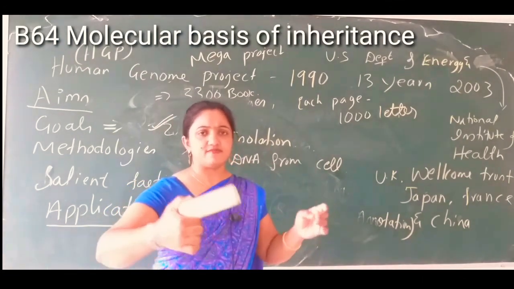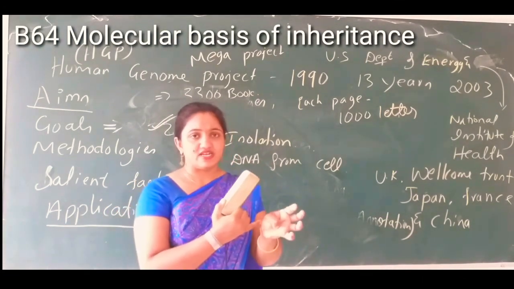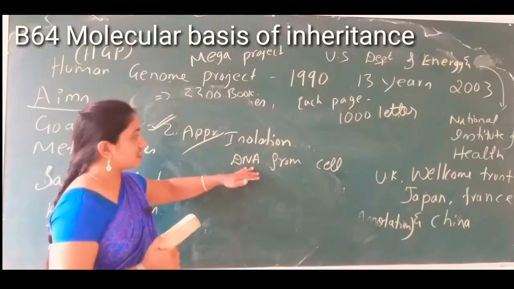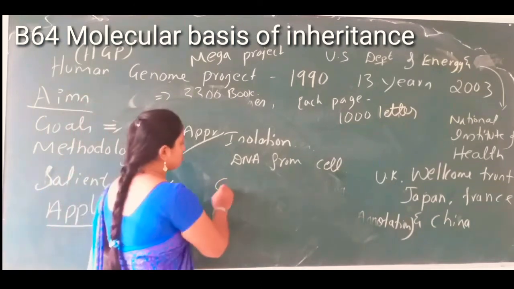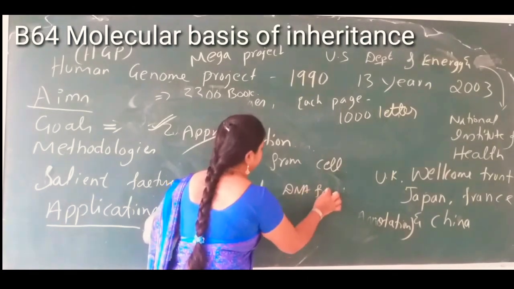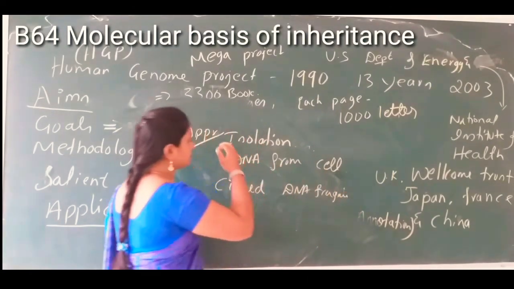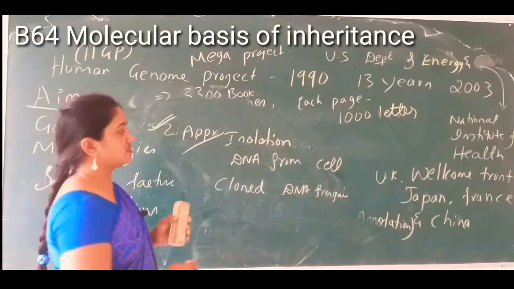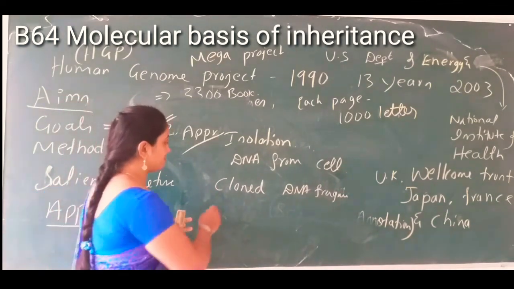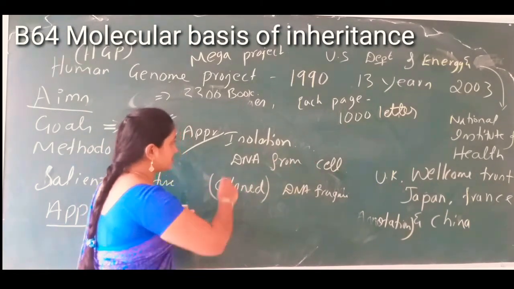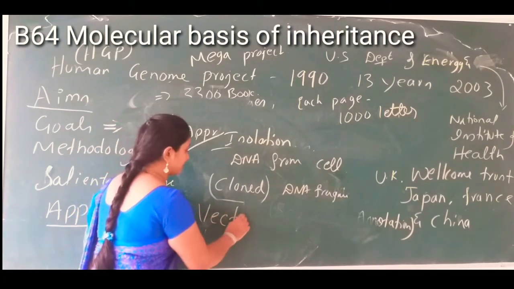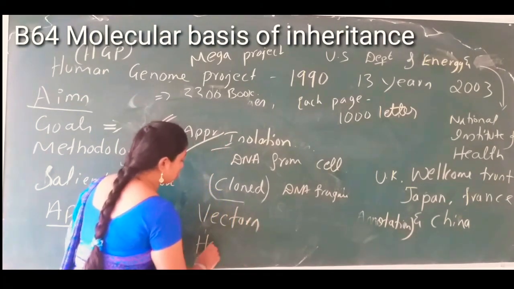And then after isolation, they cut the DNA into fragments and cloned the DNA fragments. For the isolation and the cloning, they needed vectors and a host.